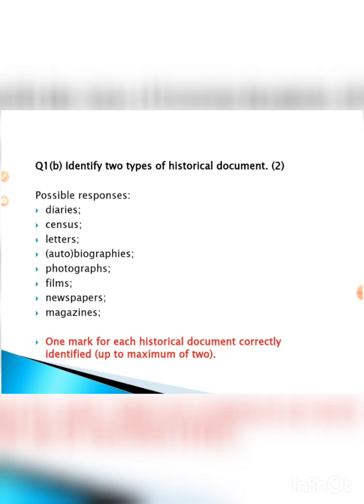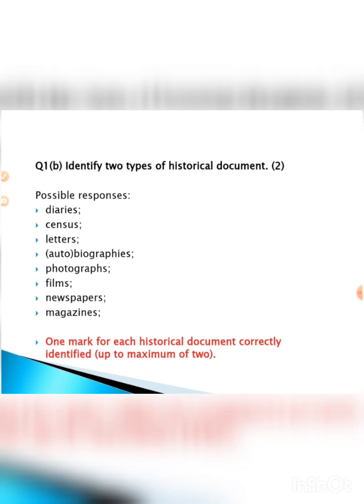Then you have a census, a population census. You might get access to letters, through which you can get information. You have autobiographies of people, photographs, films. You can find information from photographs or films, newspapers and magazines.